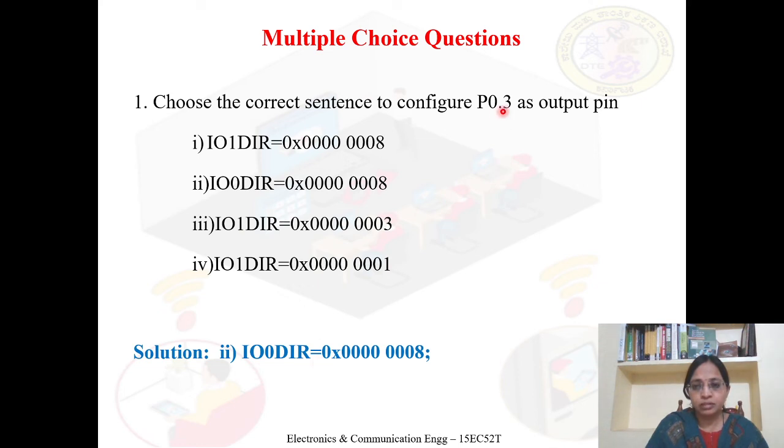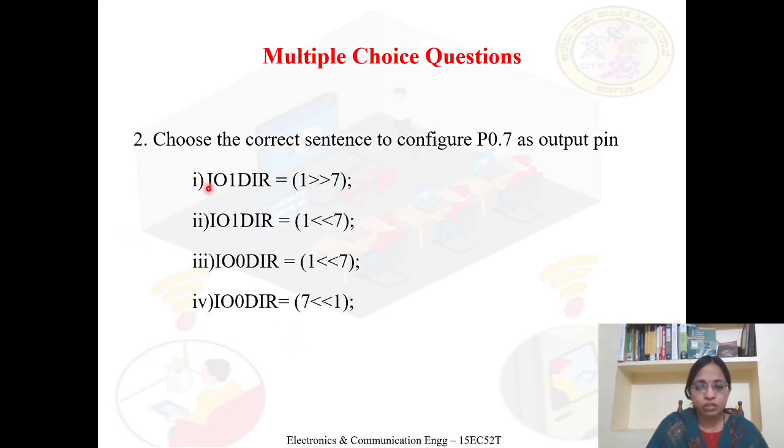P0.0, P0.1, P0.2, P0.3, actually it will be the fourth pin. So to make this fourth pin high, we have to write down the value as 8. Okay. So 0x00000008 into which register? Into the DIR register.